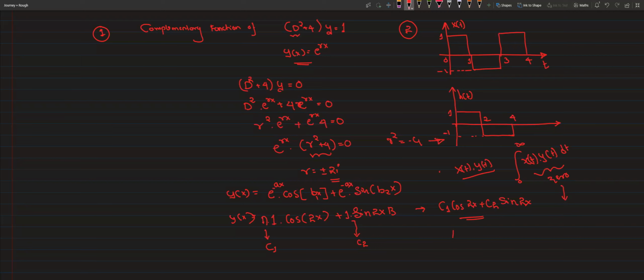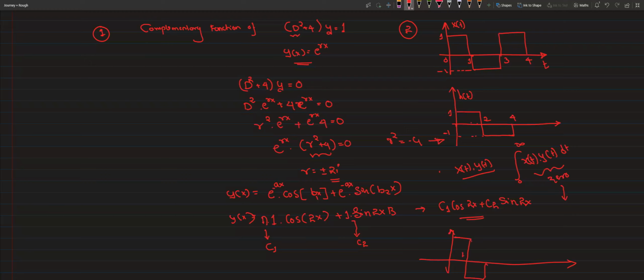So here, let's multiply x of t into h of t. From 0 to 1, both are high, so it will be 1. From 1 to 2, here it is 1, here it is -1, so it will become -1.